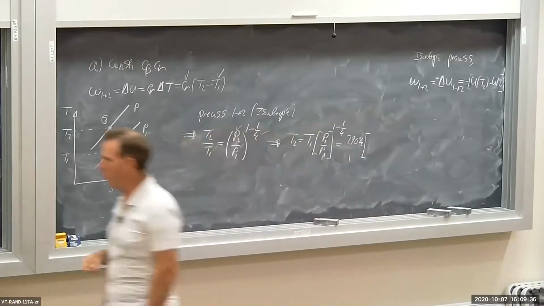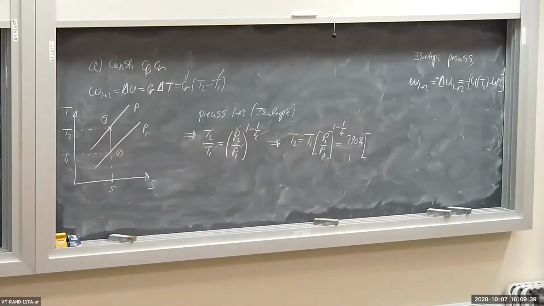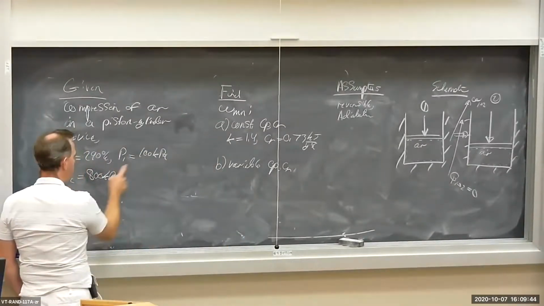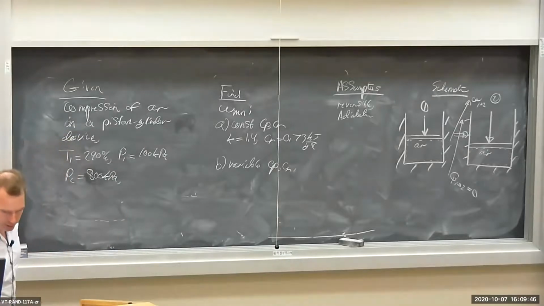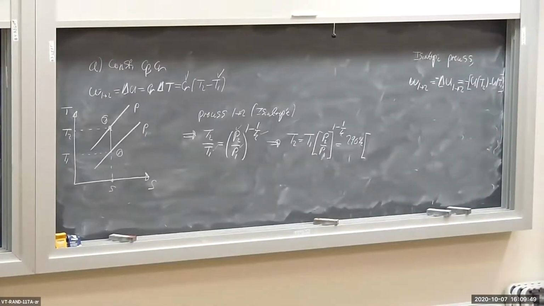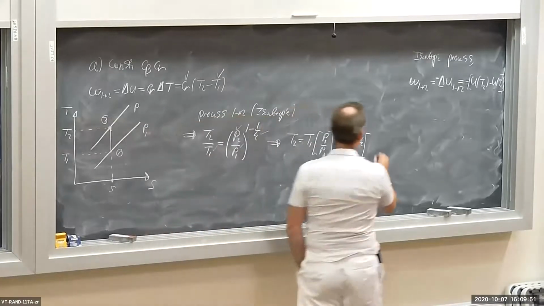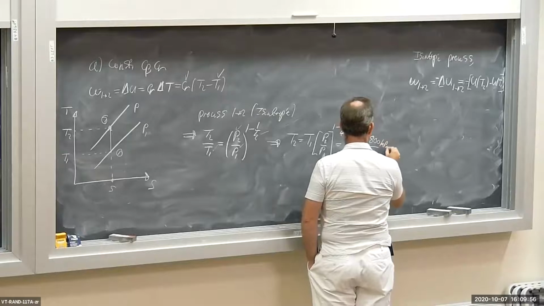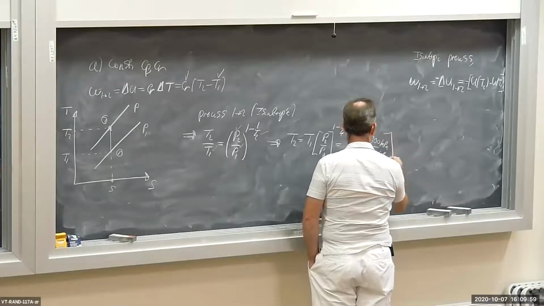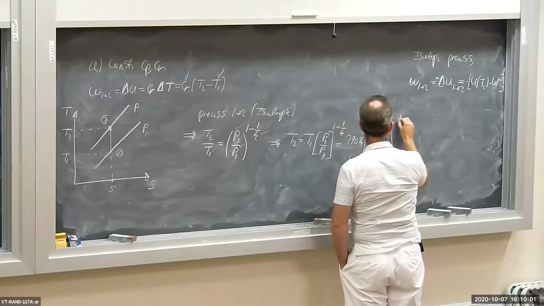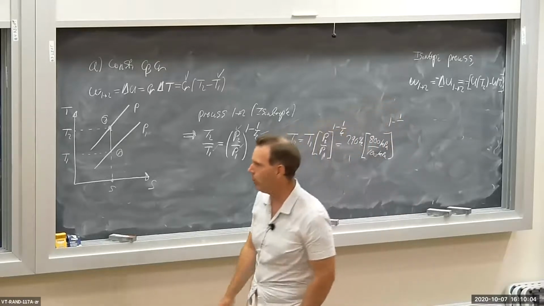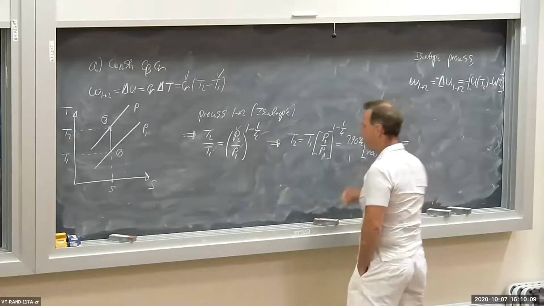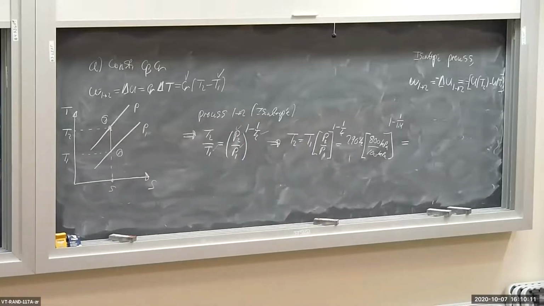P1 and P2 are 100 and 800 kPa, so we're pressurizing it. 800 over 100, and we're taking that to the 1 minus 1 over K, what's our K value? 1.4. And let's find T2 here.